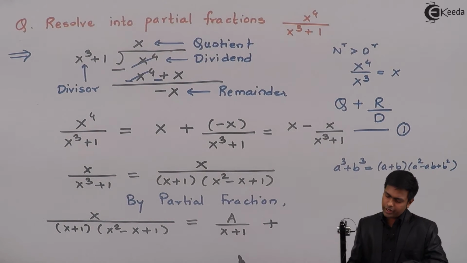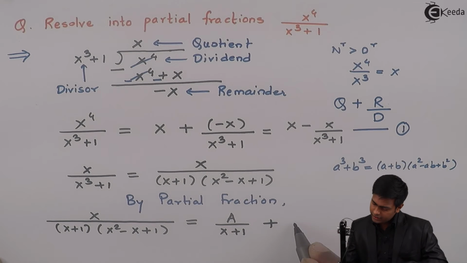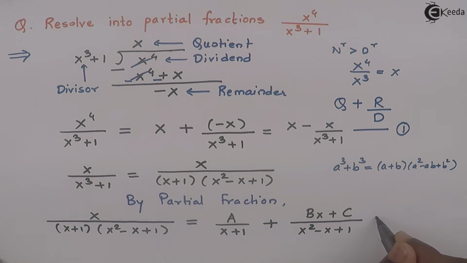So we give a constant in the numerator if the factor is linear. Now the second factor is a quadratic factor, and for a quadratic factor we take a linear factor in the numerator. So bx plus c is the linear factor, and I will give this as equation number 2.